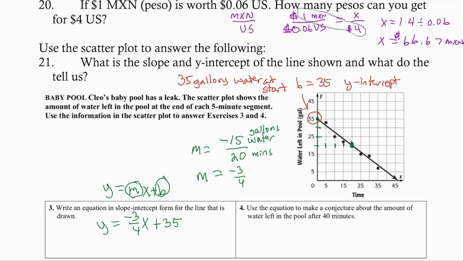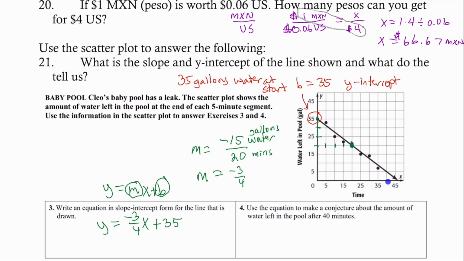So that is the equation for this particular situation, that we're losing water at the rate that's shown in the picture. And then finally in 4, it says use that equation we've just made to make a conjecture about the amount of the water left in the pool after 40 minutes.